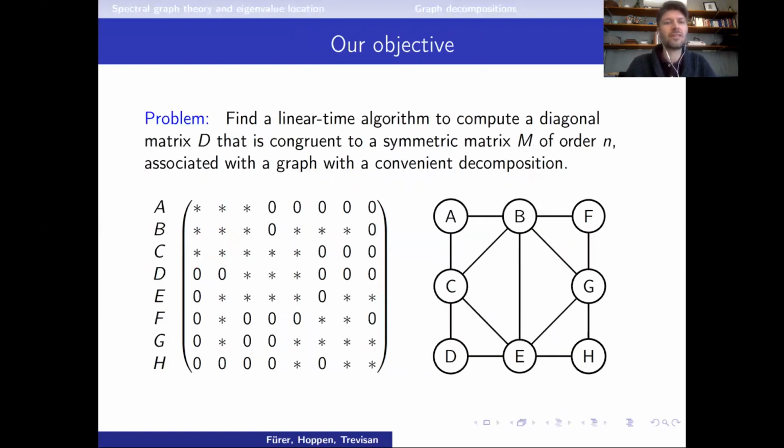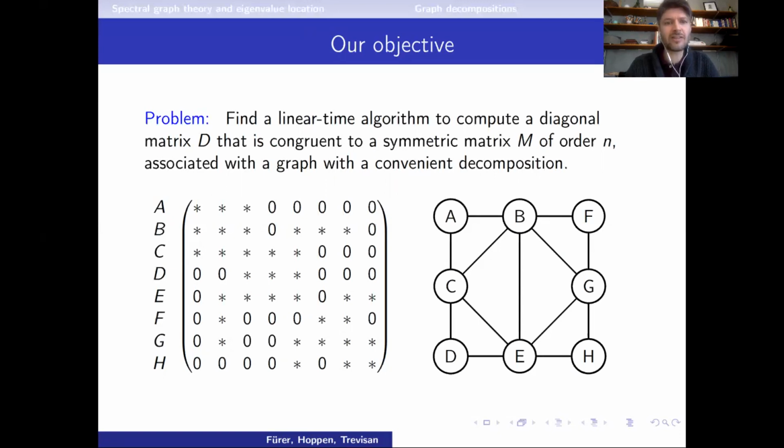So what's the problem? The problem is to find a linear time algorithm to compute a diagonal matrix D that is congruent to a symmetric matrix M of order N associated with a graph with a convenient decomposition. So linear time related with convenient decomposition. When we say matrix associated with a graph, what we mean is we have a matrix, in our case symmetric, like on the left.